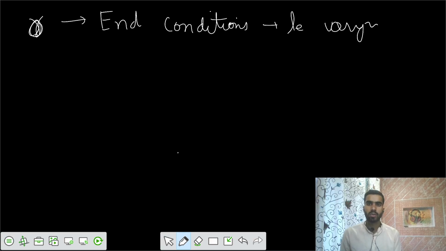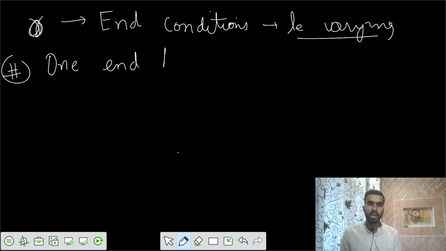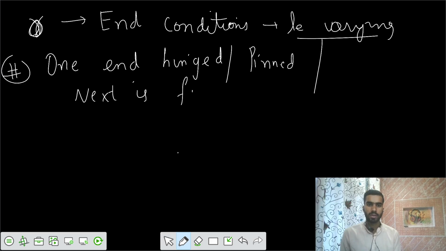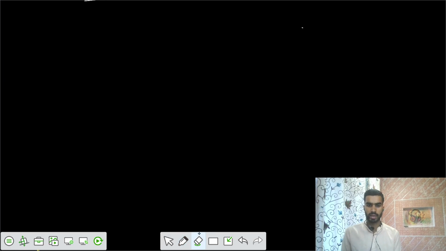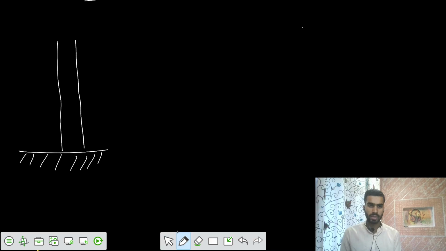So let's take the second case, that one end we can take as hinged or pinned, and next is fixed. So this is the second case. Let's take that second case. I would say one end of the column is fixed, and the second end of that column is hinged.